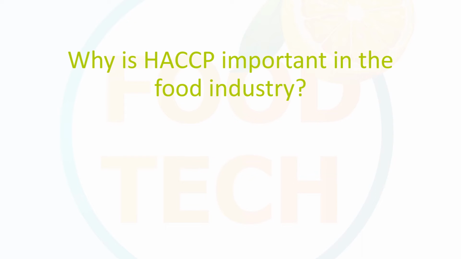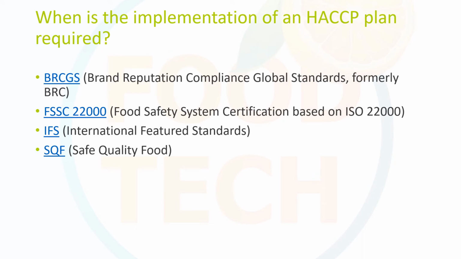So why is HACCP important for the food industry? It is one of the basic things, because food is the commodity consumed by every human.